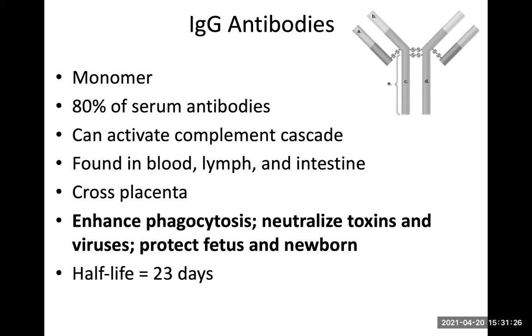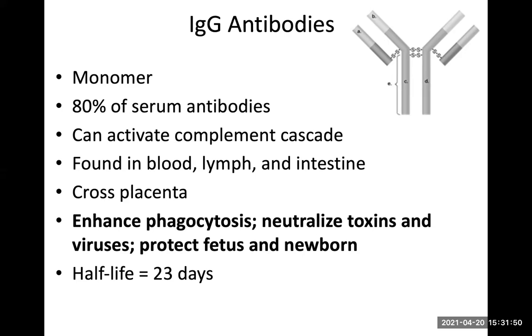They're good at neutralizing toxins. And also, since these are so tiny, they can cross the placenta and protect the fetus. And they have a half-life of 23 days. So that's a pretty long time that they can circulate.